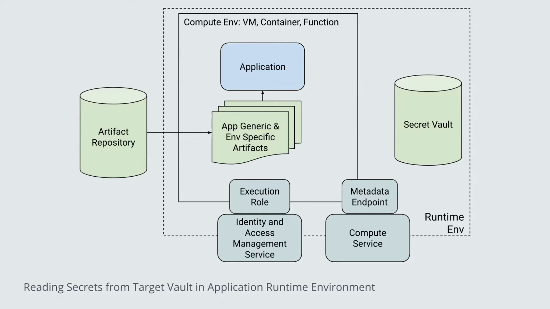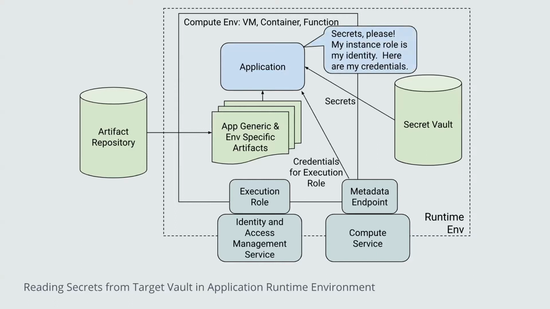And then the compute service will typically provide some sort of metadata endpoint, which is a local service in a special location. I forget the exact IP, it's a 169.254 something in EC2. But it's something that the application can request credentials for its role from. And these are short-term credentials, a session token in AWS.